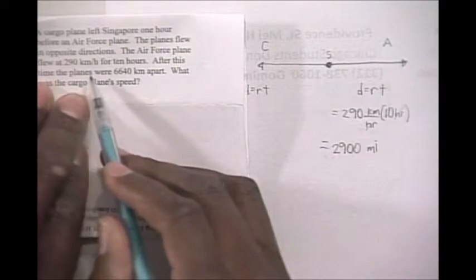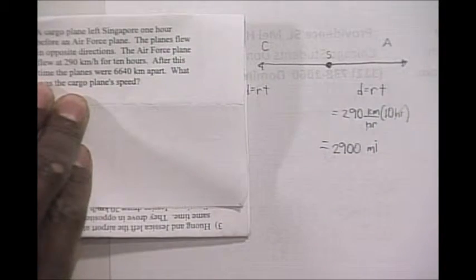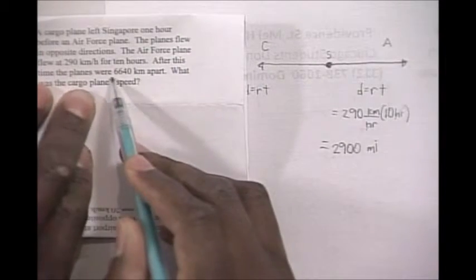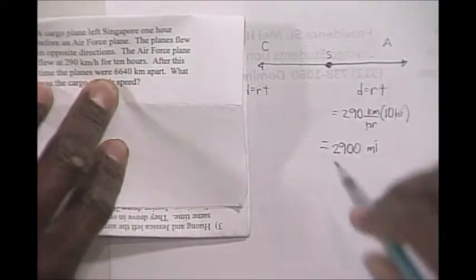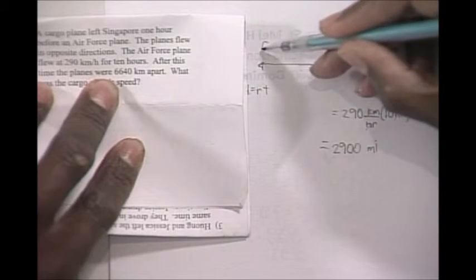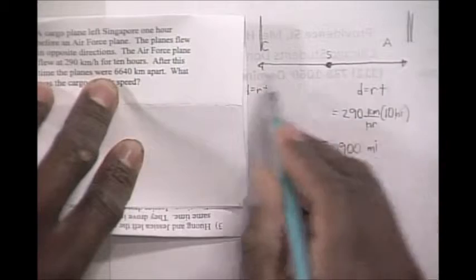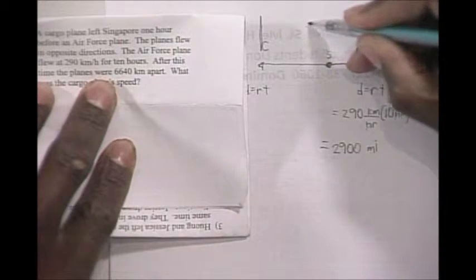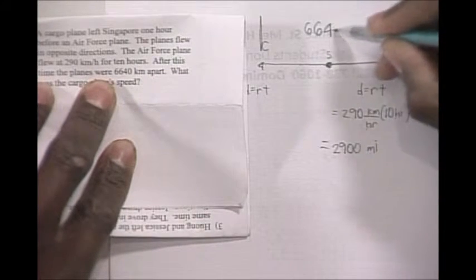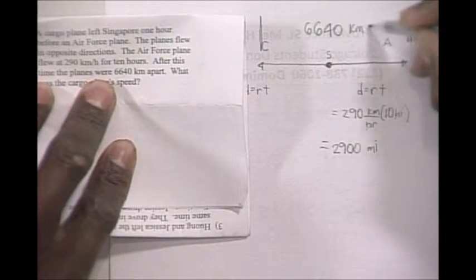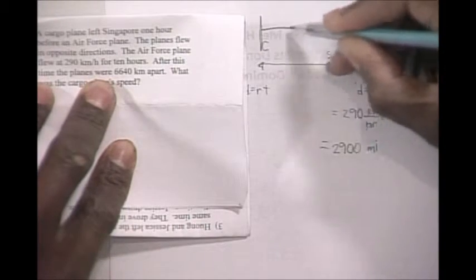After this same 10 hours, the planes were 6,640 kilometers apart. So let's identify that. It's been traveling 10 hours that way, 10 hours that way. The distance was 6,640 kilometers.